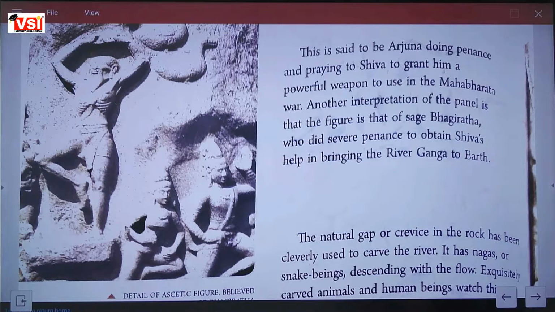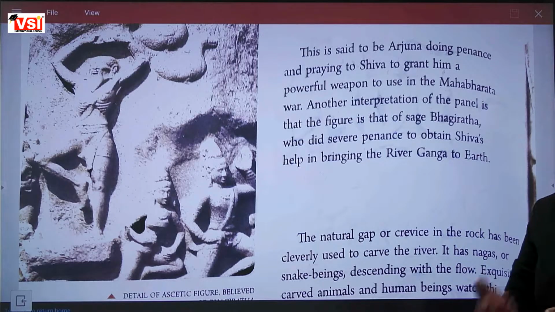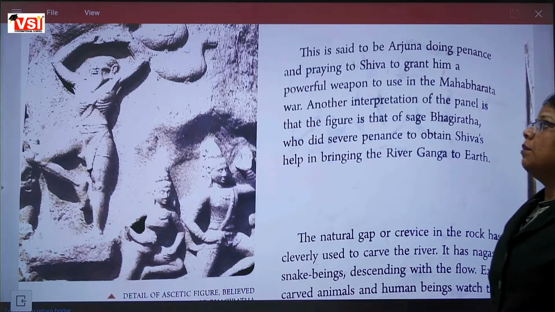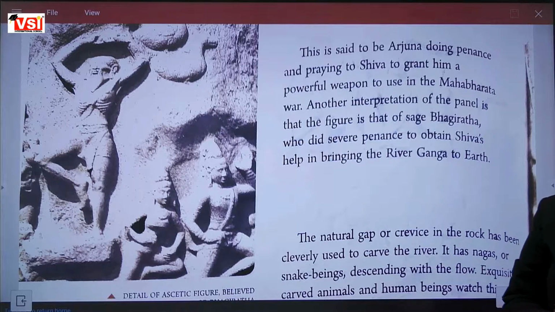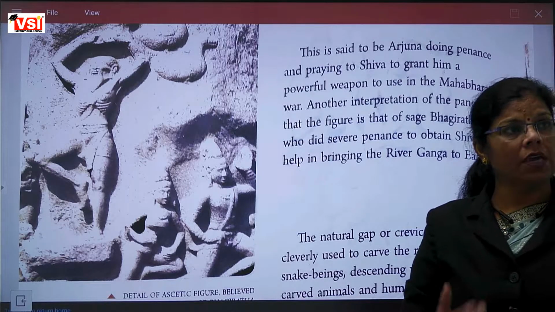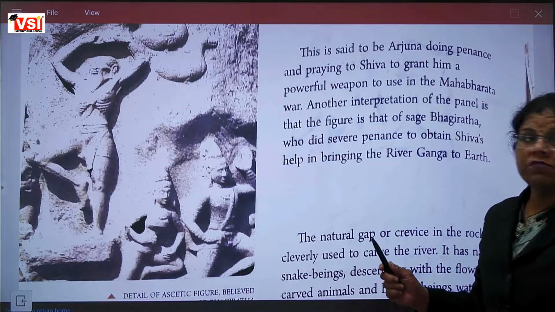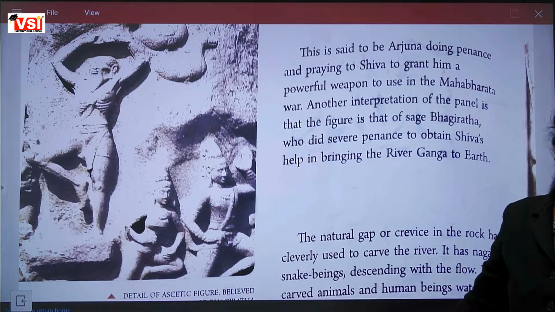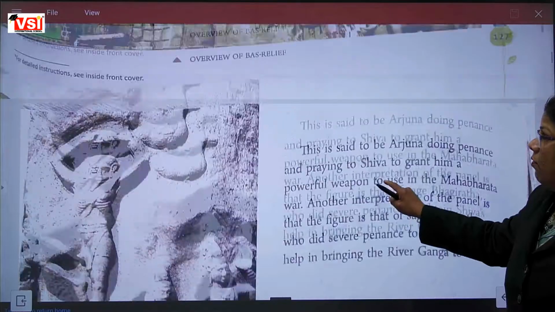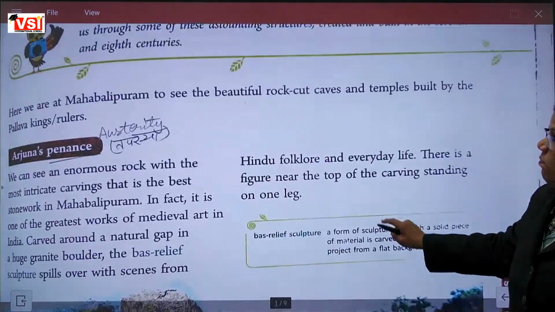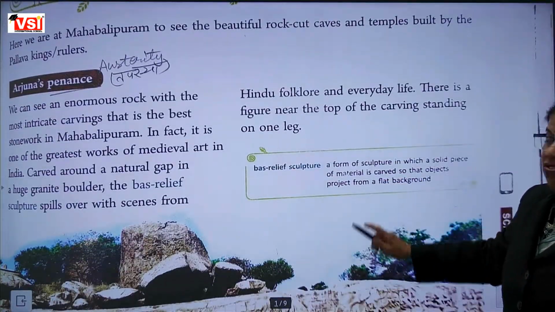Many statues are made from a single rock. The rocks are cut into different sculptures, and some rocks are completely hollowed, and some caves are made with the help of those rocks. How many structures are made here?